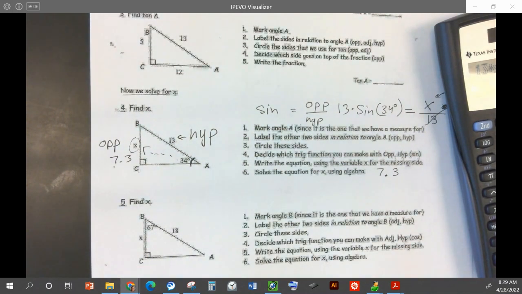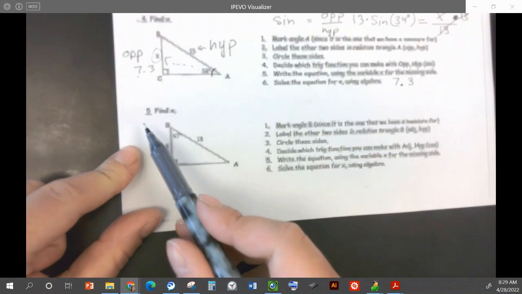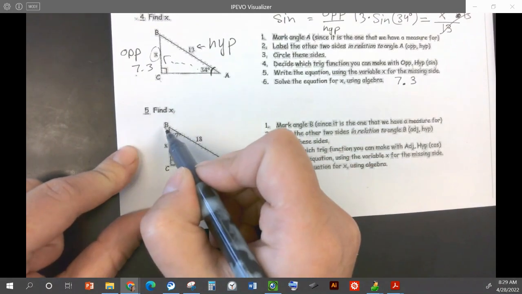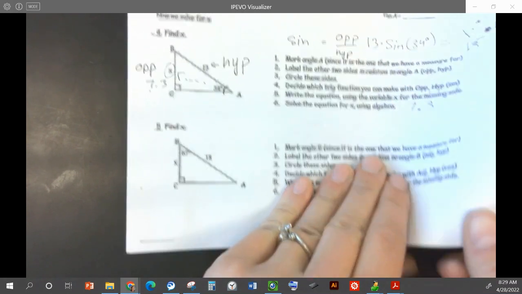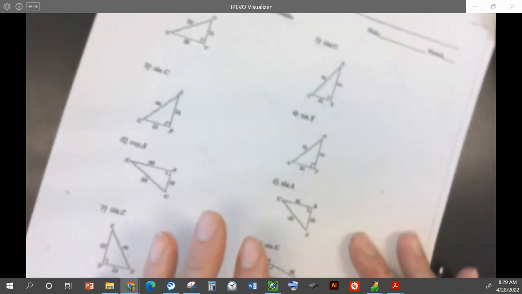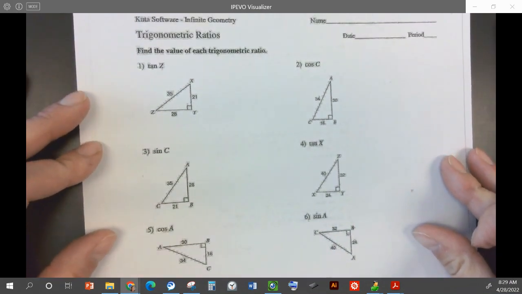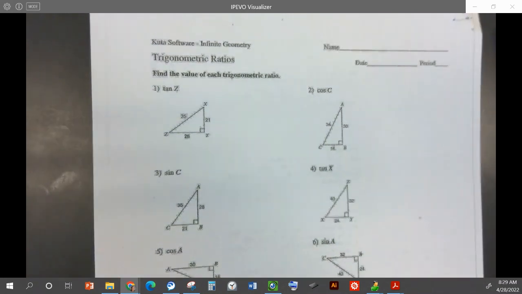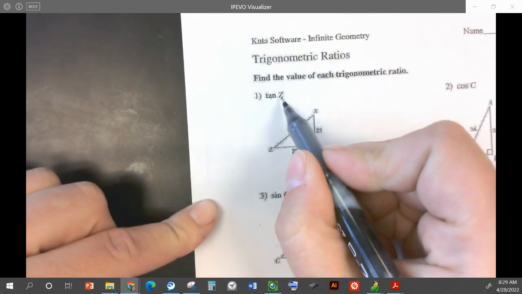Okay, questions on that? All right, there's one more to do here, number 5. Notice that the angle is up here now, so watch out for that. We're not doing this page. Okay, let's do a few of these ones. So let's just start up at the top with, it says find the tangent of z.